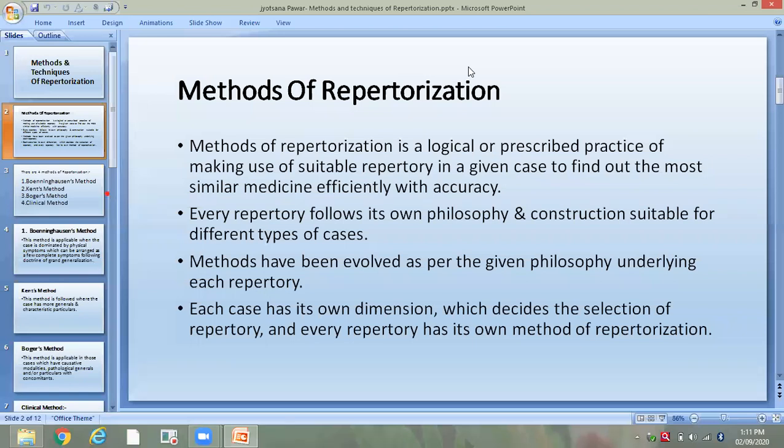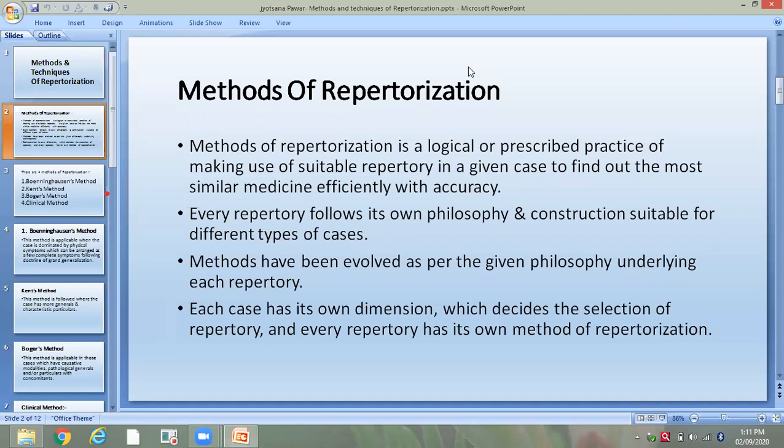Every repertory follows its own philosophy and construction suitable for different types of cases. As we discussed in the past lectures, every repertory has its own philosophical background, and according to it, it was constructed.